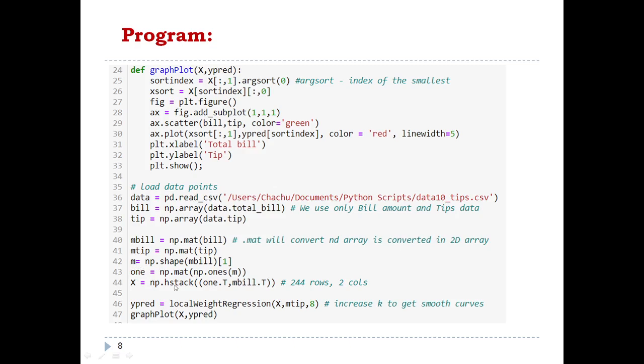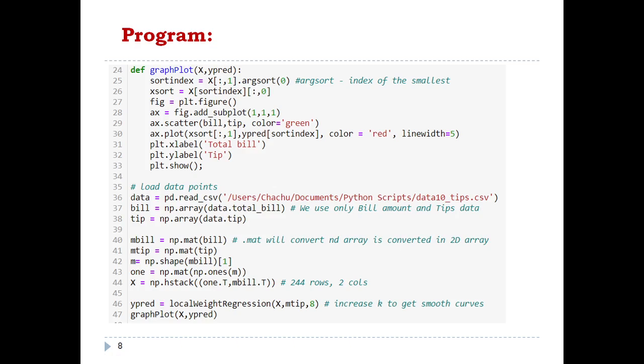Then we'll call the stack function. We use this stack function to stack the sequence of input arrays horizontally, meaning column wise. Here we will use the bill data and make it into a single array.